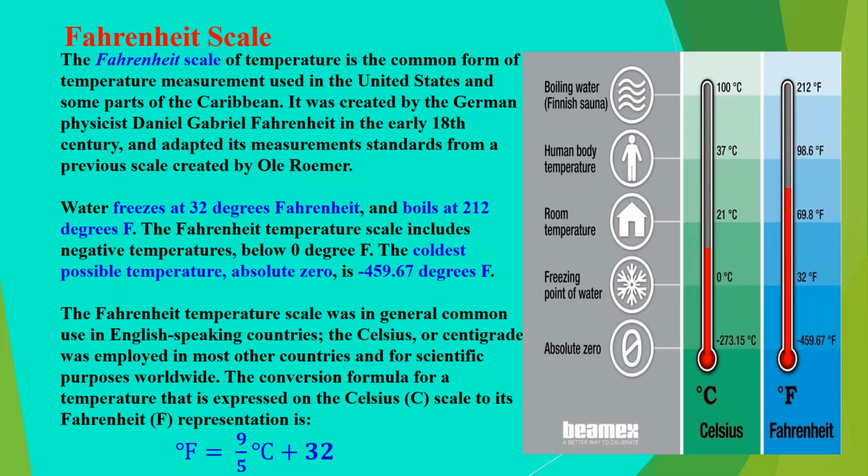The Fahrenheit scale. The Fahrenheit scale of temperature is the common form of temperature measurement used in the United States and some parts of the Caribbean. It was created by the German physicist Daniel Gabriel Fahrenheit in the early 18th century and adopted its measurement standards from a previous scale created by Ole Römer.